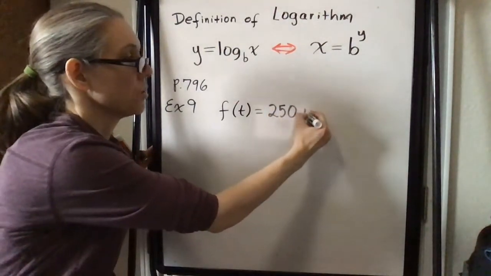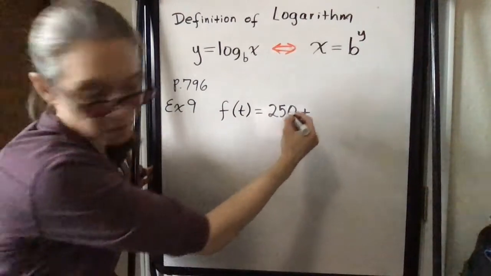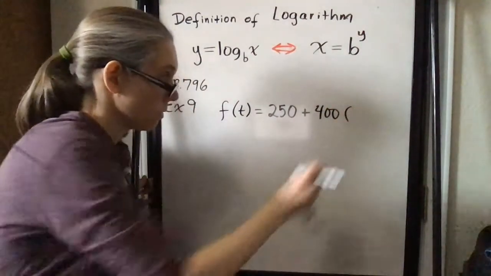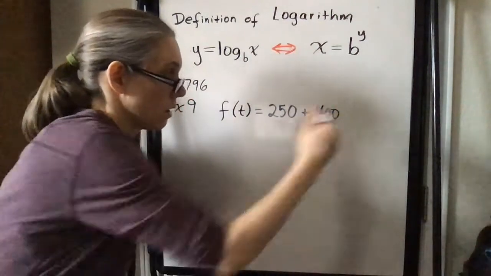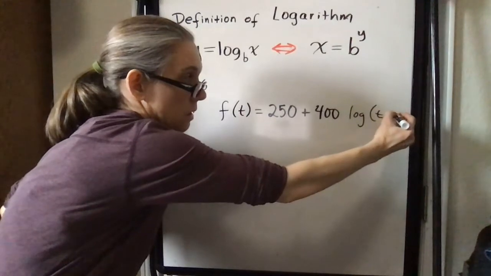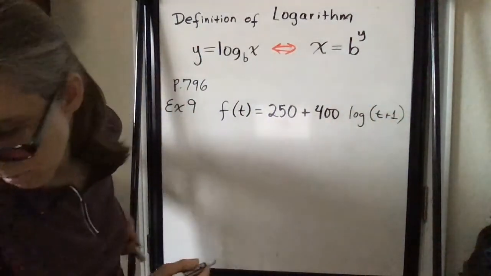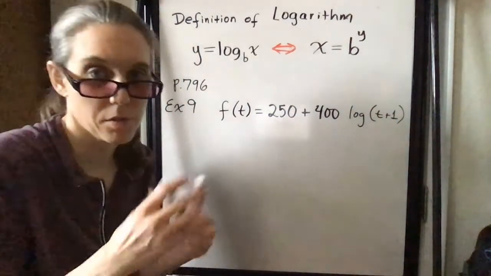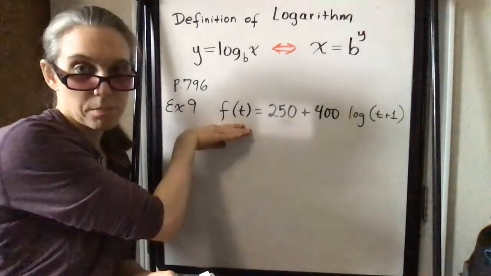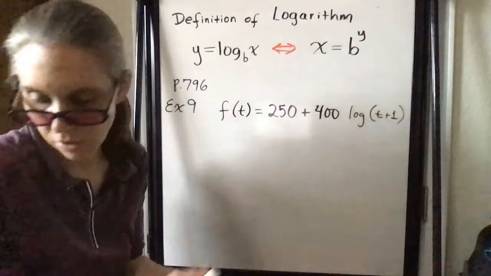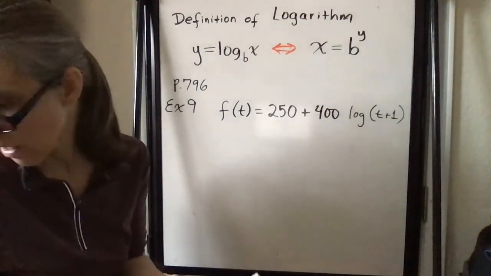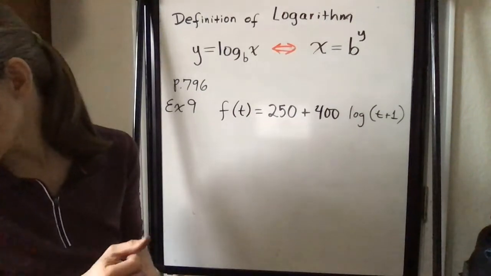Here are the original bluegill. Plus, here's the growth, 400 times the log of t plus 1, where t is the number of years since the lake was stocked. So here's the amount of bluegill, and then t is the number of years. And so we want to know what is the bluegill population after 5 years.